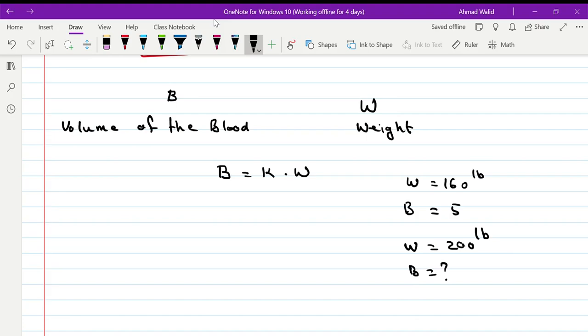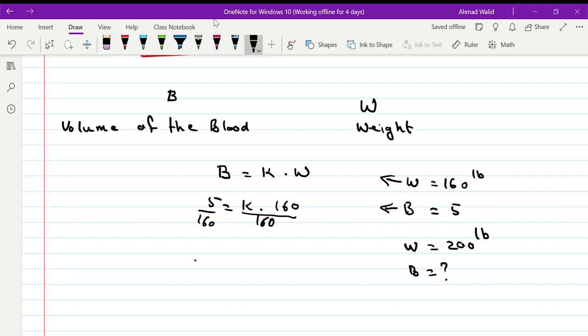My step 1 is to find K. What I do, I'll use W and I'll use B, replace it in my equation, and I'll calculate how much is K. Correct? Then I can write 5 equals K times W, which is 160. If I solve this equation for K, I have to divide both sides by 160, correct?